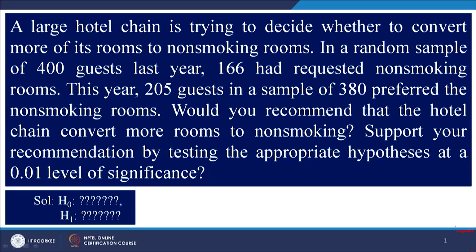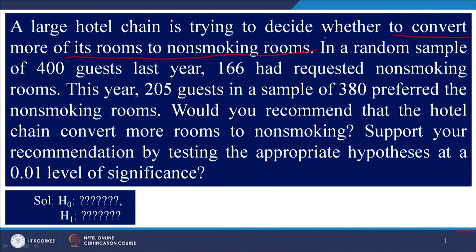A large hotel chain is trying to decide whether to convert more of its rooms to non-smoking rooms. In a hotel you have smoking rooms and non-smoking rooms, and the chain is trying to decide whether it should convert its smoking rooms to non-smoking rooms or not. In a random sample of 400 guests last year, 166 had requested non-smoking rooms.